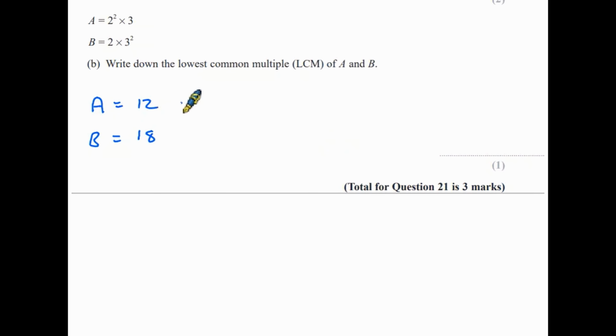Well, the 12 times table is 12, 24, 36, 48, 60. Let's see if we've gone far enough. The 18 times table is 18, 36. We're there already, because the common multiple of 18 and 12, the lowest one, is 36.